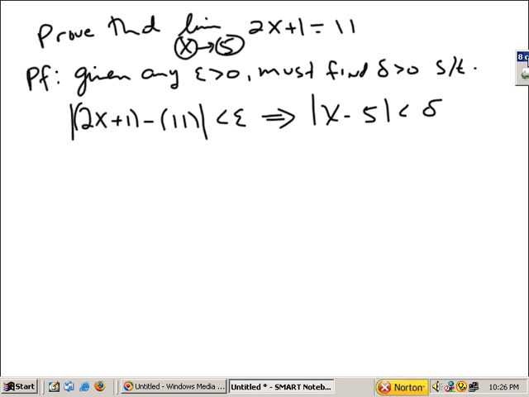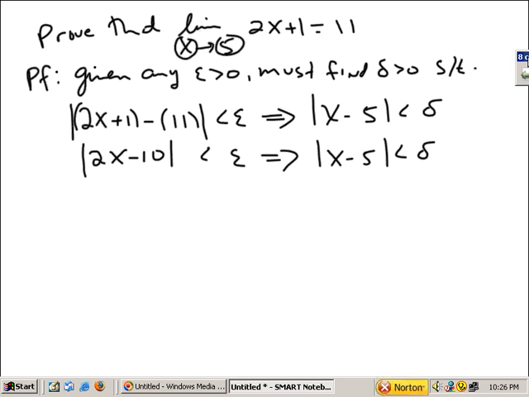Well, the left-hand side becomes the absolute value of 2x minus 10 is less than epsilon. We want that to imply that x minus 5 is less than delta.